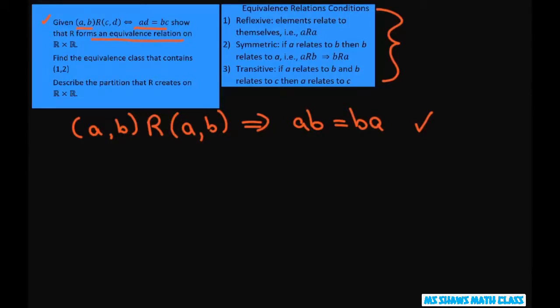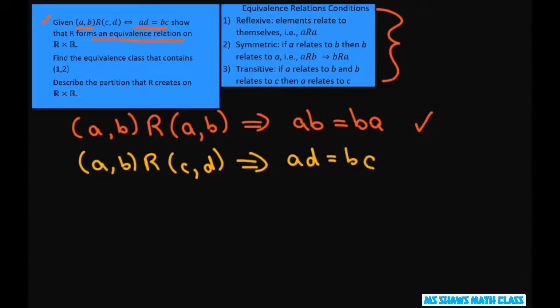All right. Now let's show some symmetry. So we have (A, B) is related to (C, D). Then we know that AD equals BC. And we can also write this as BC equals AD.